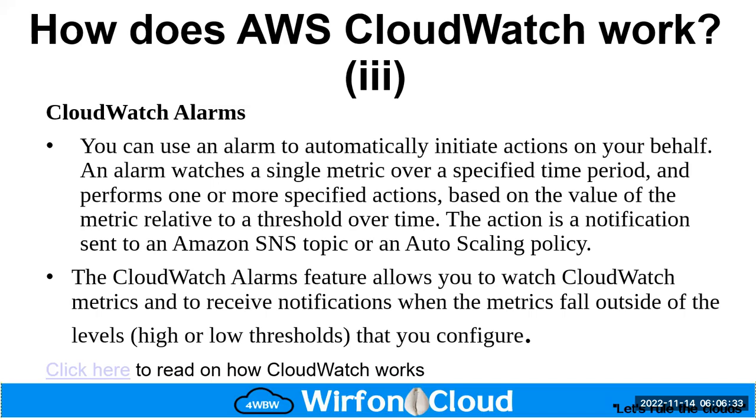In that case, you said, okay, at 50%, it means you should launch another RDS, or at 20%, don't launch an RDS, instead stop everything because it's not being utilized at the level that you want. So the alarm will watch a single metric over the specified time period and then perform an action, which you have also specified, based on the value of the metric relative to your threshold.